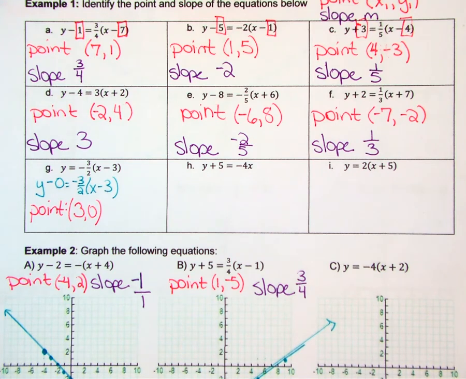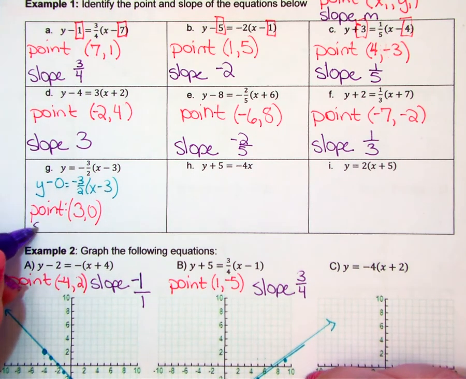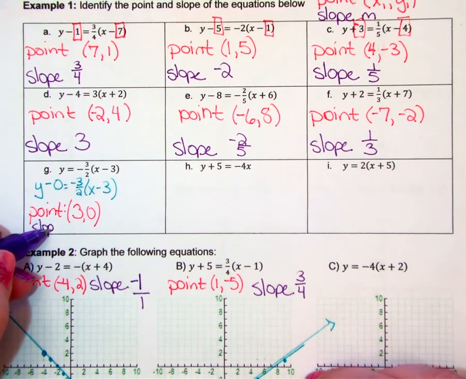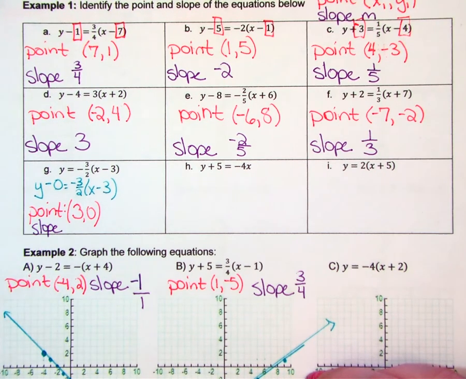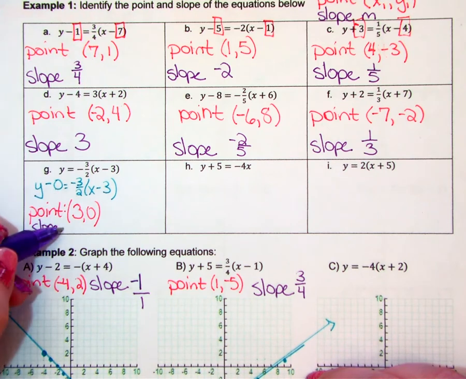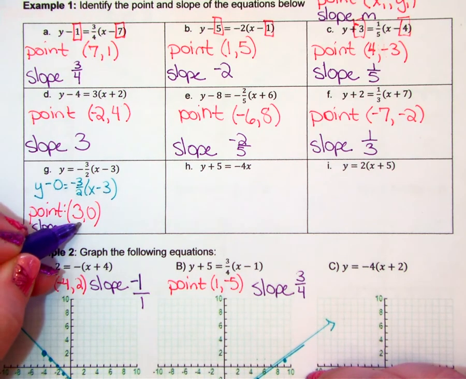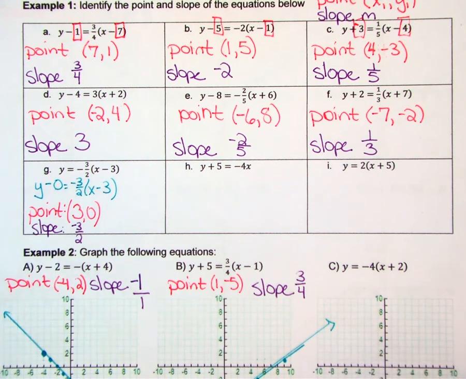Maybe it's slope intercept form because the y is already by itself. Now the slope, again, number in front of the parentheses, it's -3/2.